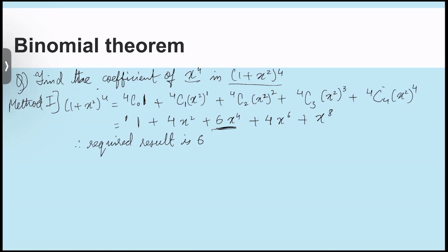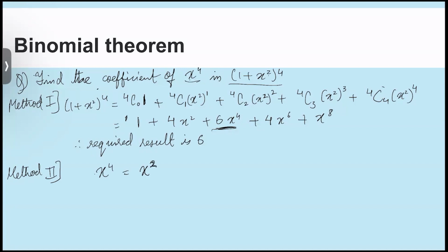So this is where you do the entire expansion and then find the value. But there is another way, where you do not have to go into the entire expansion. Suppose we want x raised to 4. We already know that the power of x is squared, so x squared is already going to be there.